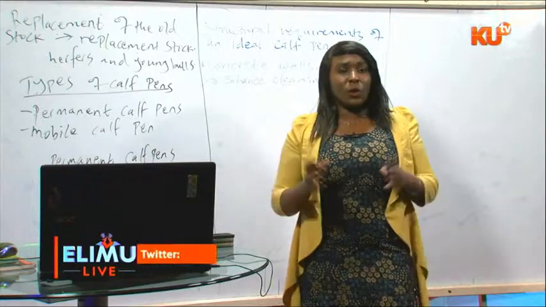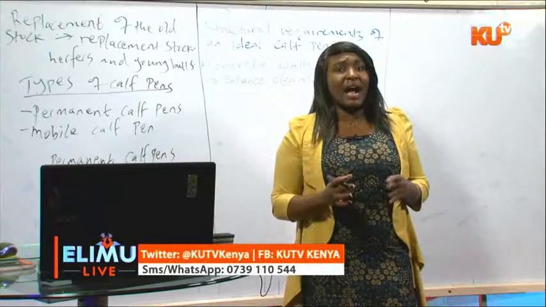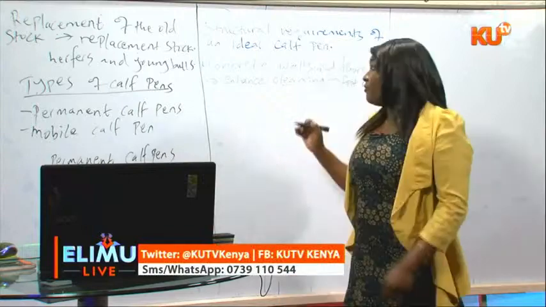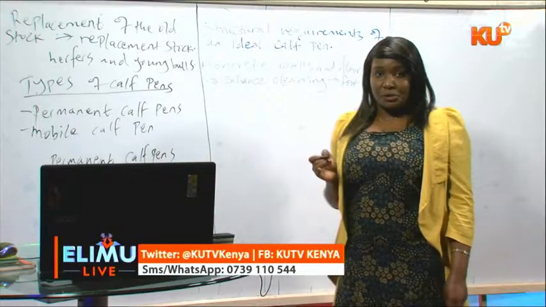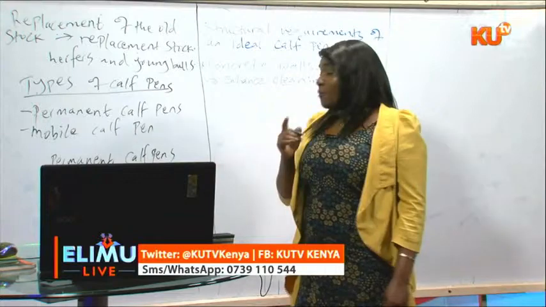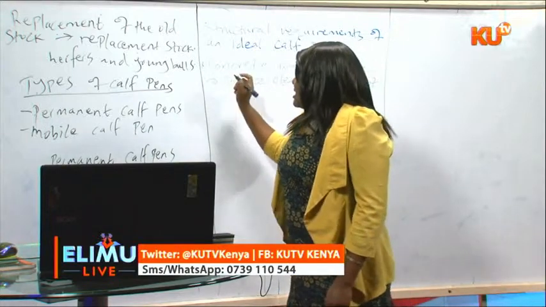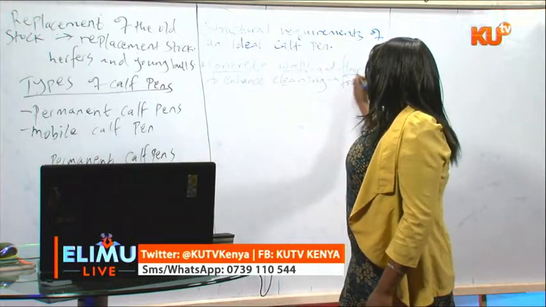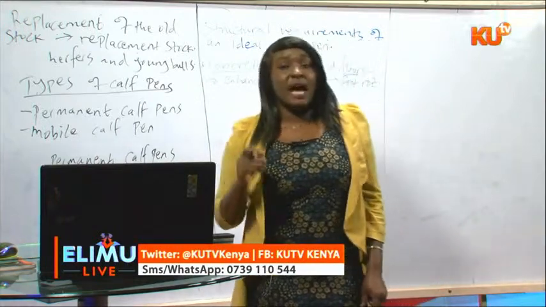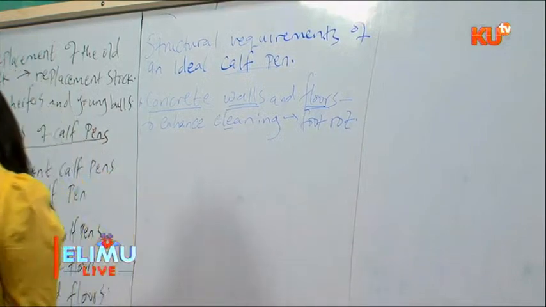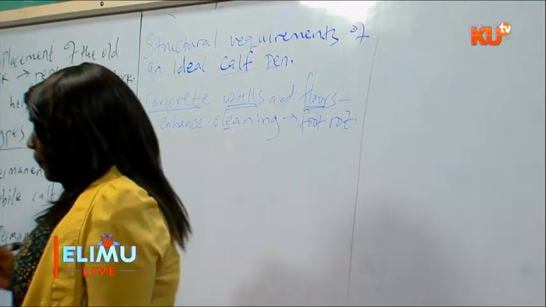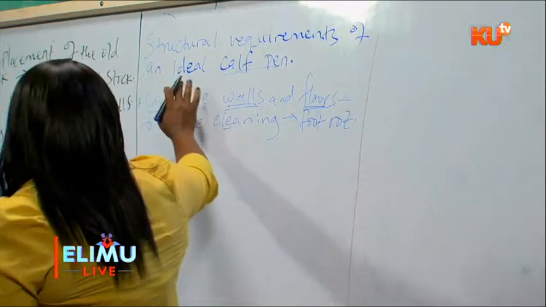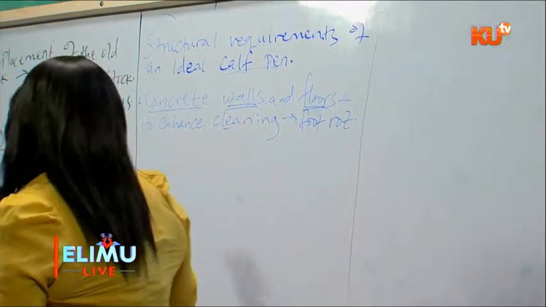When there is accumulated dung and urine in the calf pen, that can lead to foot rot, according to the Form 3 syllabus that we did. Now, that is the first thing. Ensure if you can, the walls are concrete and the floors are concrete. So, that is the first requirement.